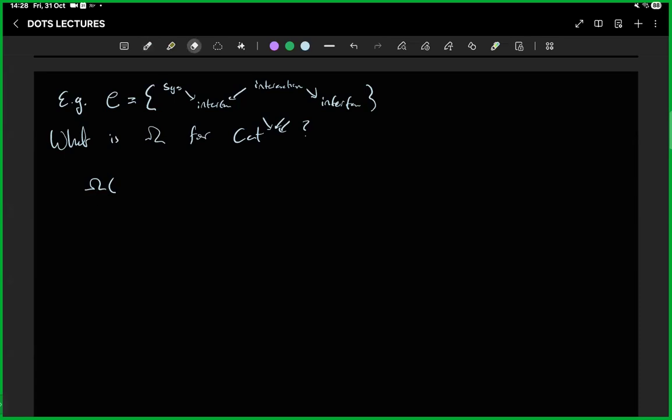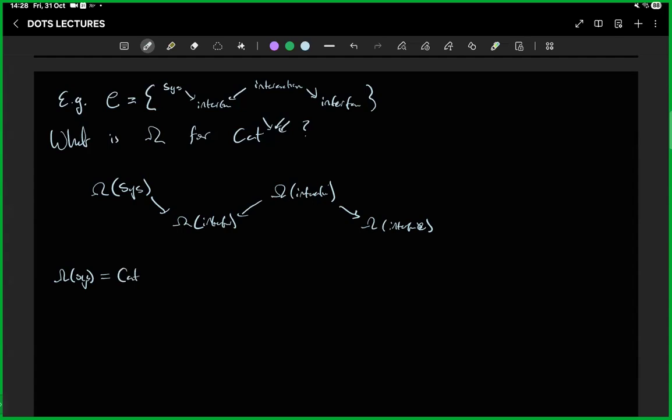What it's going to be, first of all, is something that looks like this, because it's an object of that category. So let's just compute these in a row. Omega cis equals functors. Two functors, but the domain's just a category, so from cis sliced over C to set. What is cis sliced over C?